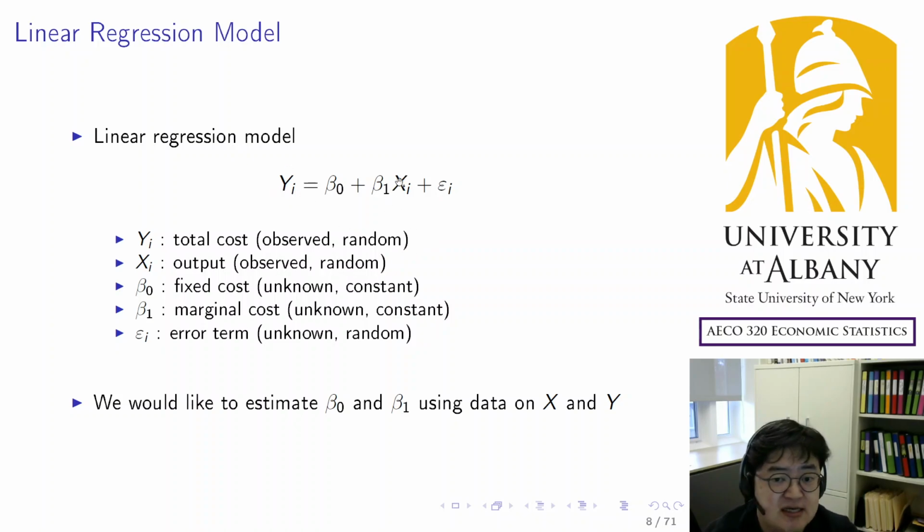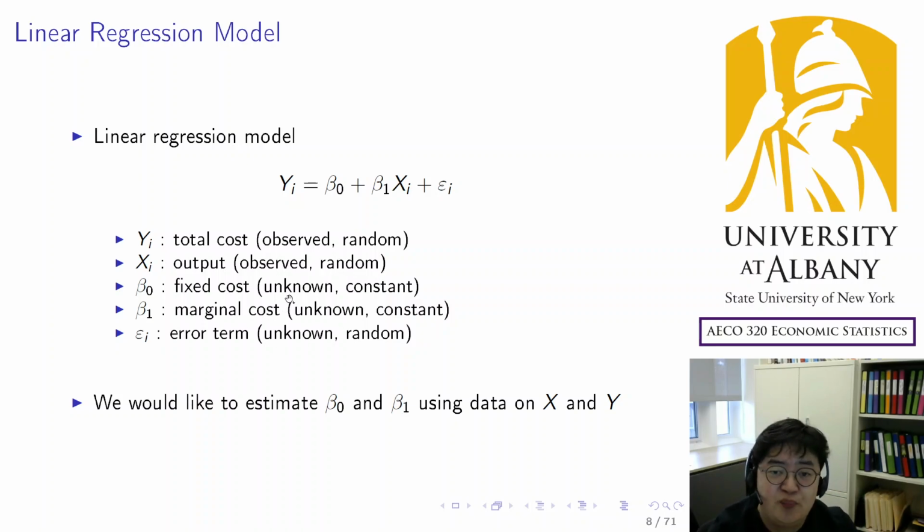Now, from a data analysis and statistics perspective, y and x are observed random variables. They are observed and they are random. I say they are random because each month they may be different. You choose a random month, then they may be different from month to month. But beta 0 and beta 1 are unknown, because we are estimating them.